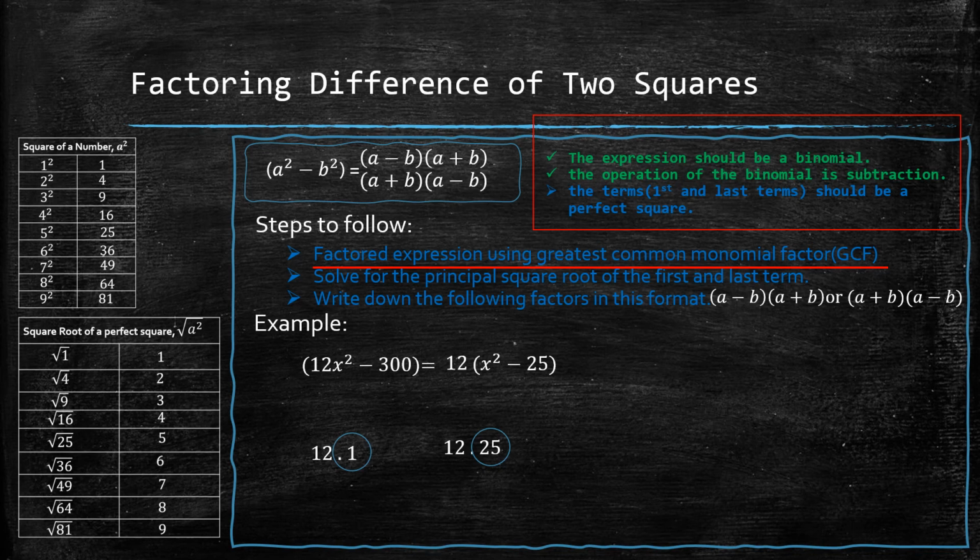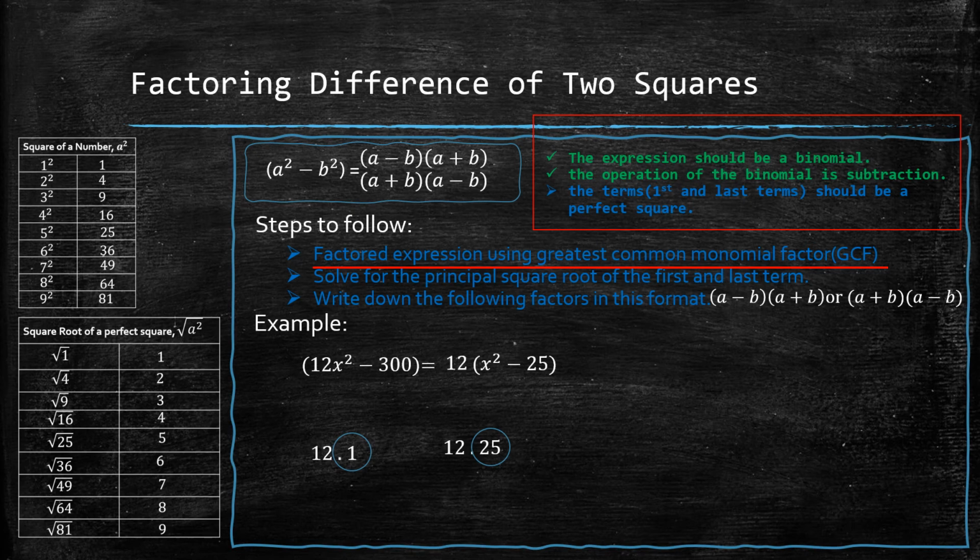So you write that. What's left, class, is 1 and 25. Sir, where is the 1 in the x squared? Class, when it is 1 with a variable, you can leave out the 1. It is understood that the 1 is there. But if it is 2, you have to write down 2. But if it is 1, it is understood and you can leave it out. Okay, understood, class.